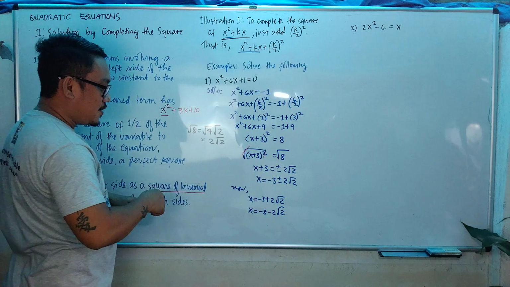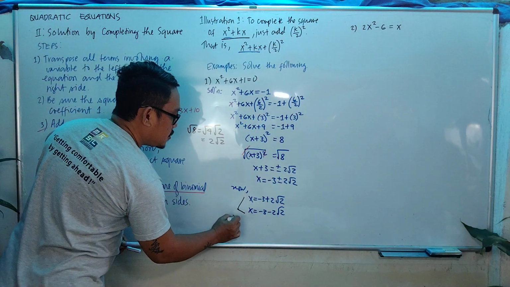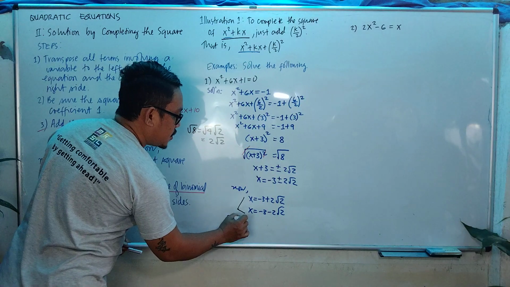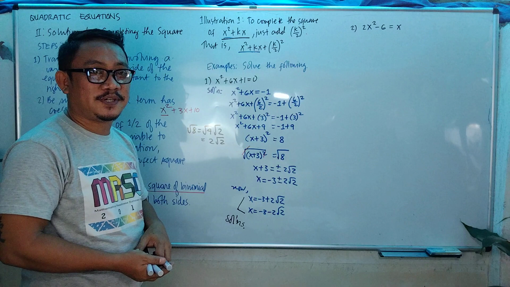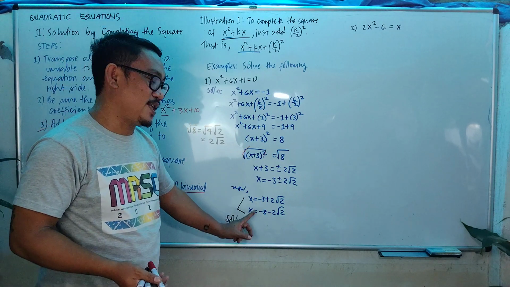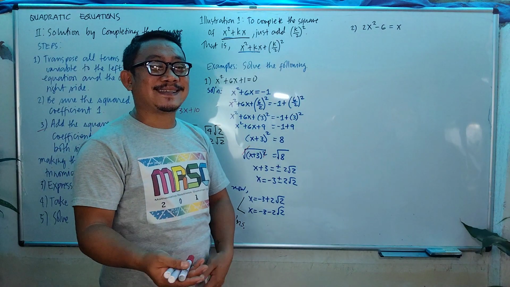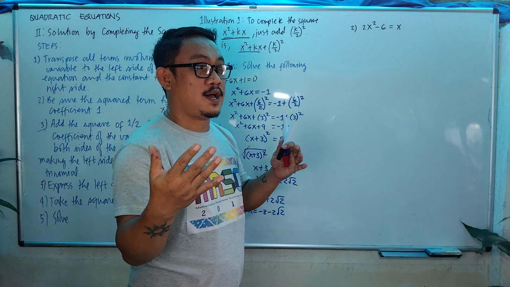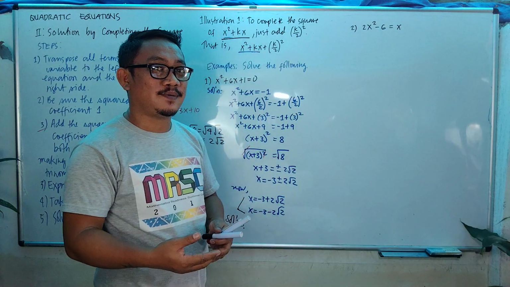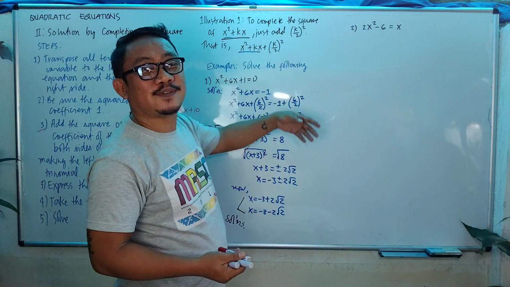So therefore, these are the solutions, or the roots of the equation. Or the solutions, these two values of x. Okay? Is it clear? Any questions? So, that's the beauty of completing the square.